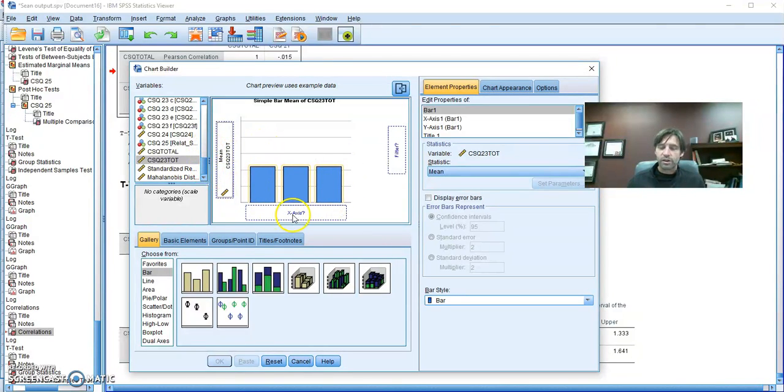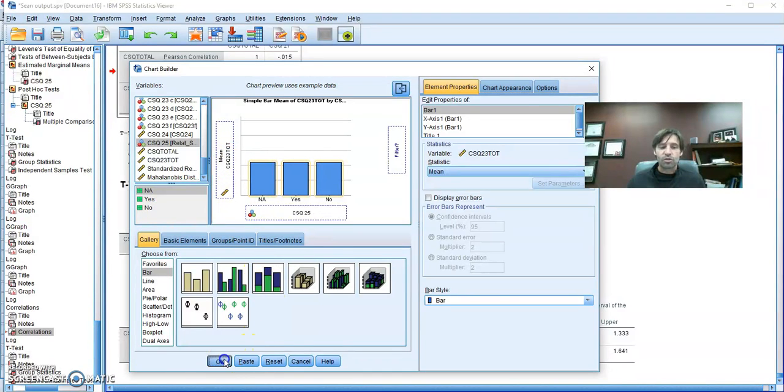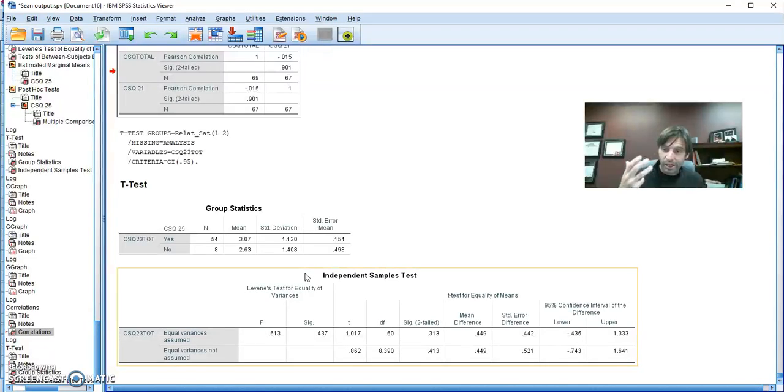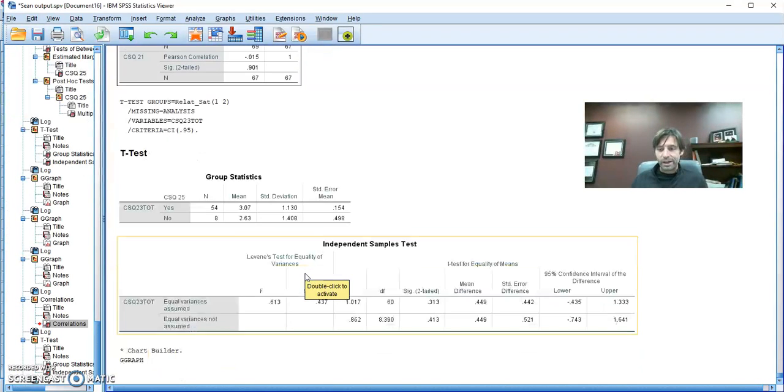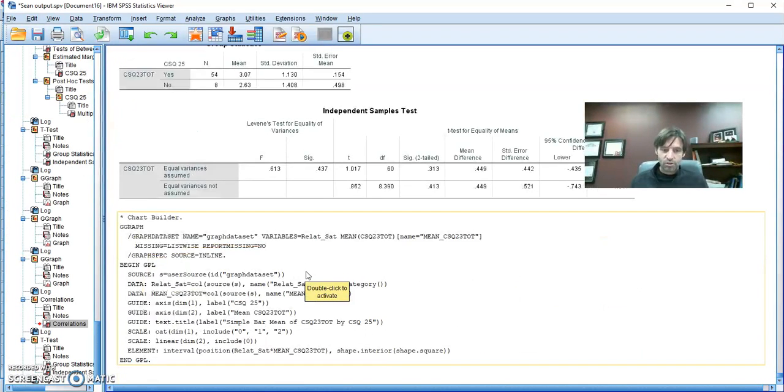Now, as far as down here on the x-axis, CSQ25 was the question that measured whether or not somebody was actually satisfied. All right, so you have some NA answers, yes and no. So then this will give us what those people's average score on the total number of things that they use to communicate. So if we click OK and we wait here on our data screen, it should build our chart for us.